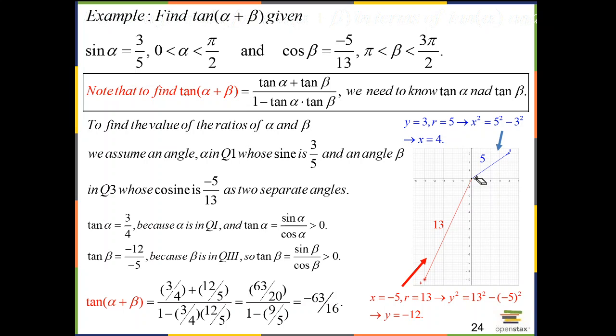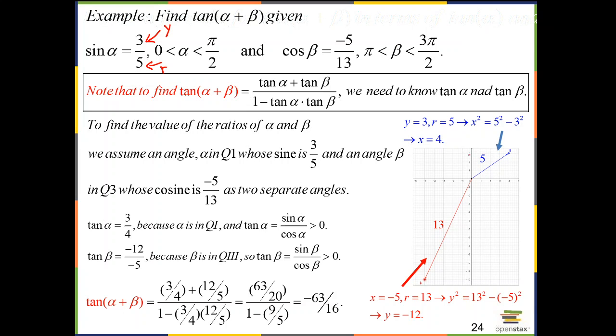Okay, well, we graph them. So alpha is an angle in the first quadrant such that we use the second definition, right? This is y, and this is r. So we're going to put it here. So the y value of this is 3, and r is 5, which is this distance right here, right?